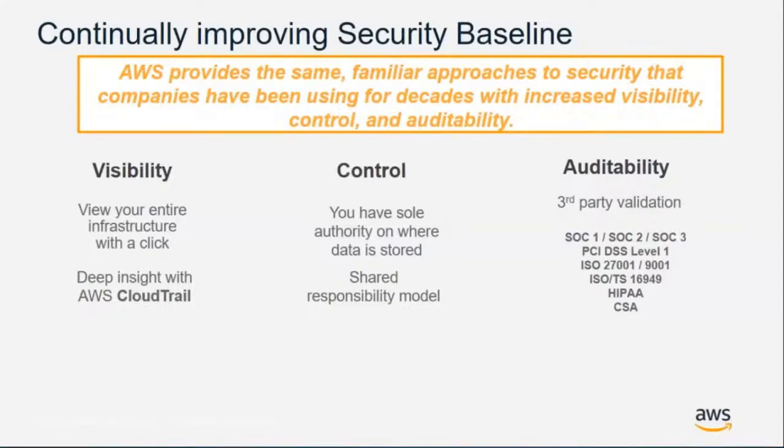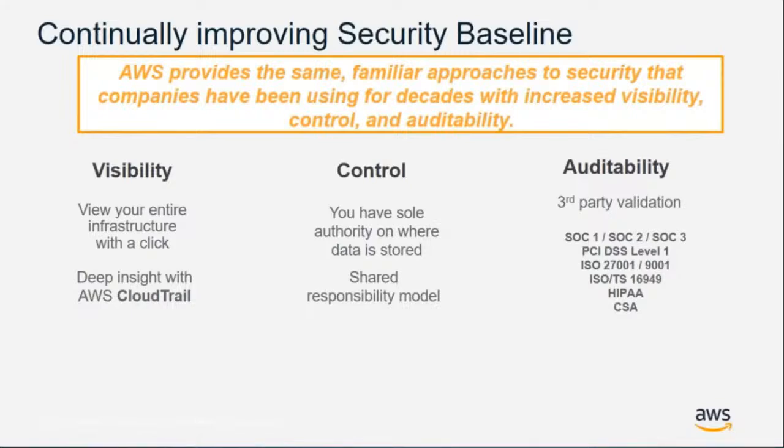It also has something called the shared responsibility model. AWS is responsible for the security of the cloud, while we as a customer are responsible for security in the cloud, which essentially means that AWS takes care of the underlying infrastructure, the data centers, the servers, the storage, and everything around security up to the hypervisor.